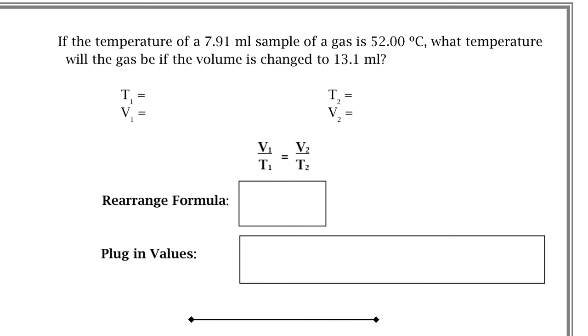Oh, hang on. You've done it backwards to what I was looking for. Okay, no problem. We want to go the other direction. So now it's V1 times T2 equals V2 times T1. I see, you've got this.